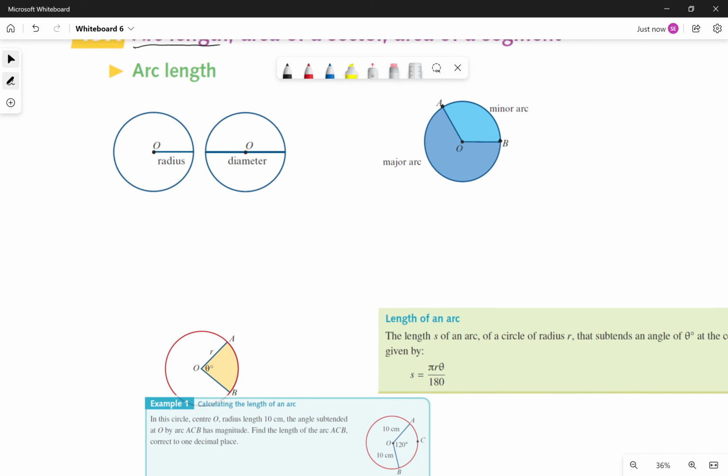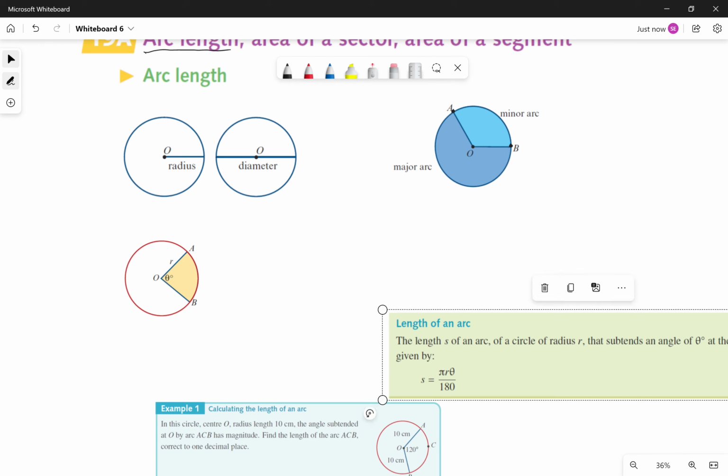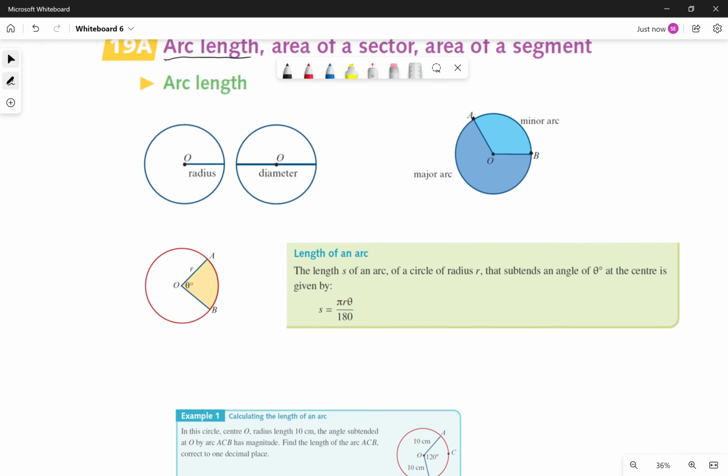Now, to calculate the length of an arc, let's look at this one up here. Well, we've got our point A, we've got our point B. Now you connect it to the center, it makes an angle here, theta. So it might be 30 degrees, it might be 40 degrees, or whatever.